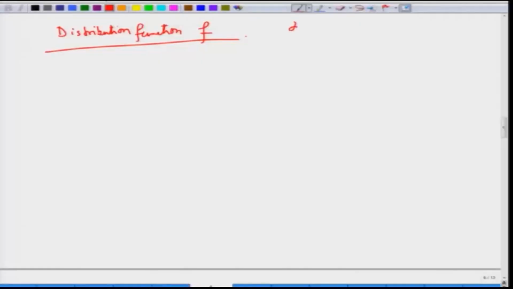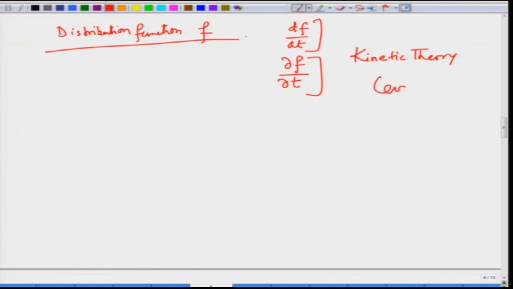This is the picture at one instant of time. To know how it changes with time, or how it evolves, we have to know df/dt or del f/del t. This theory of knowing this is known as kinetic theory. So, that is our level 2.